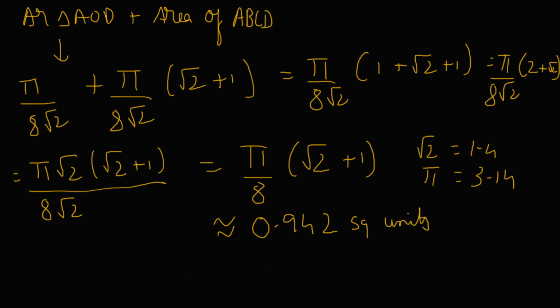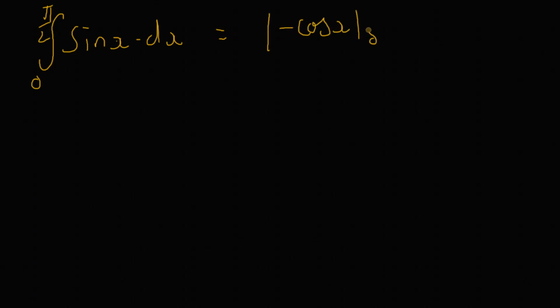Okay, now let us take one step ahead and actually compare, and let us see how accurate this is. So now let us do the integral of sin x dx from 0 to pi by 2. What is the integral of sin x? That is minus cos x, from 0 to pi by 2.